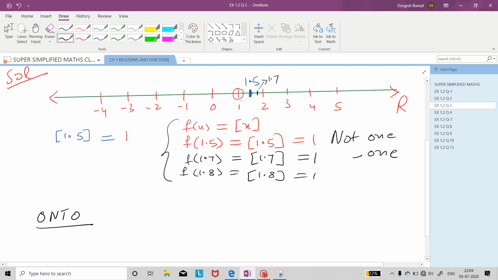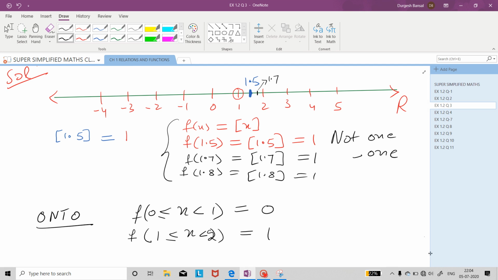If you apply this function on any number x which is greater than or equal to 0 and less than 1, its result will be 0. If you apply this function on any number which is greater than or equal to 1 and less than 2, the result will be 1. If the number lies between 1 and 2, not 2, it can be 1. If it is 1, the greatest integer function of 1 will be 1.